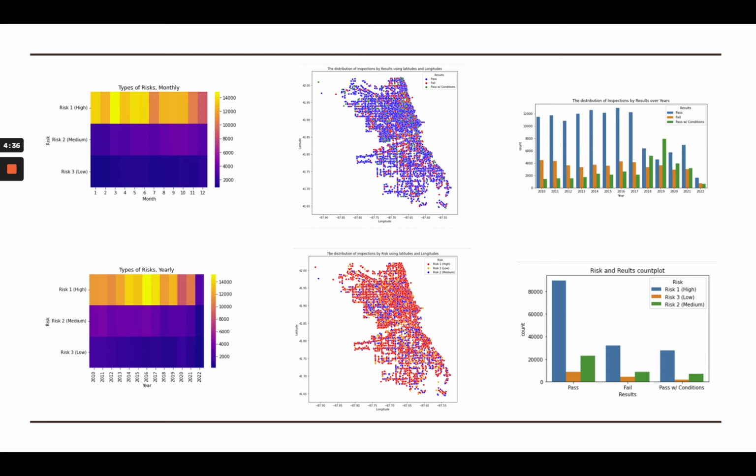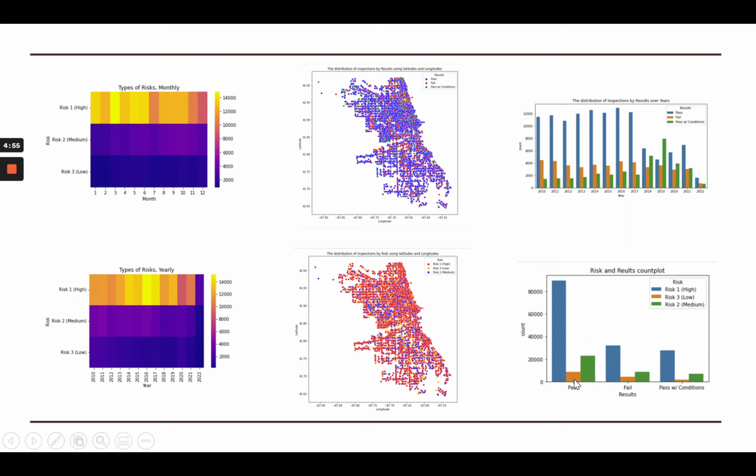From these insights, I got a feeling that there might be a dependency between the risk and results columns. So I plotted the graph for risk and results.